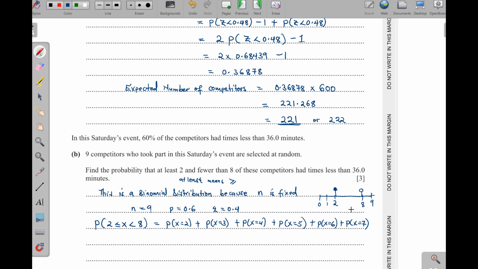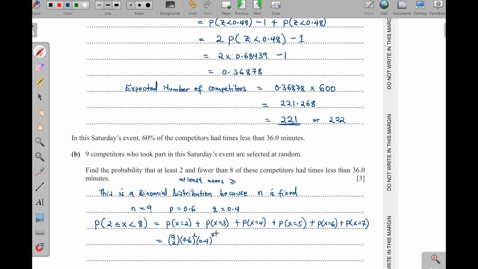So I can say 1, because total probability is 1, then minus probability of x is equal to 9, x is equal to 0, x is equal to 1, and x is equal to 8. I will be getting all that is there. That is another way to do that. Okay. All right. So what do we have here? This one will be our n is 9, then combination 2, then 0.6 squared, and then this is 0.4.